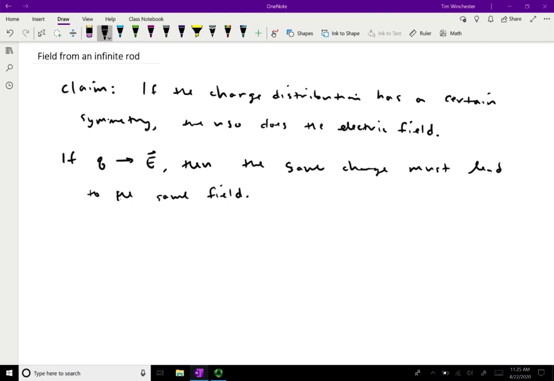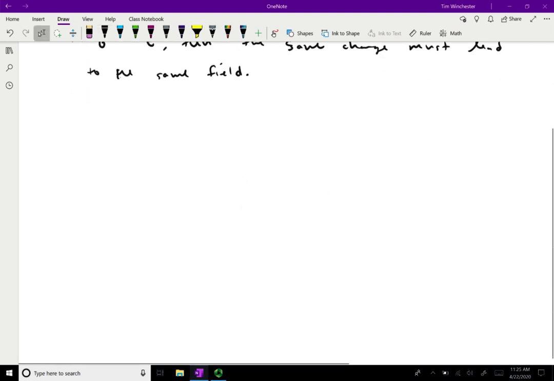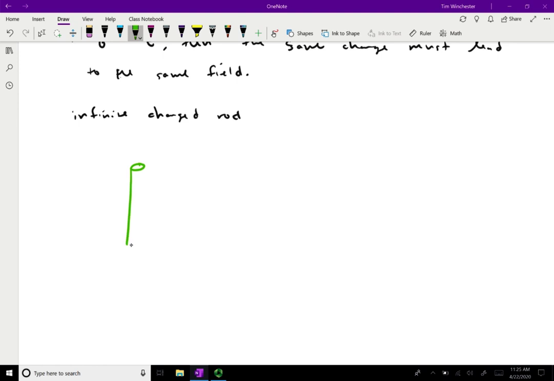Okay, so the situation I want to look at specifically is an infinitely long charged rod. So I can't draw something that is infinitely long, but what I can do is draw a segment of it like this, and then do some dotted lines to indicate that it keeps going.